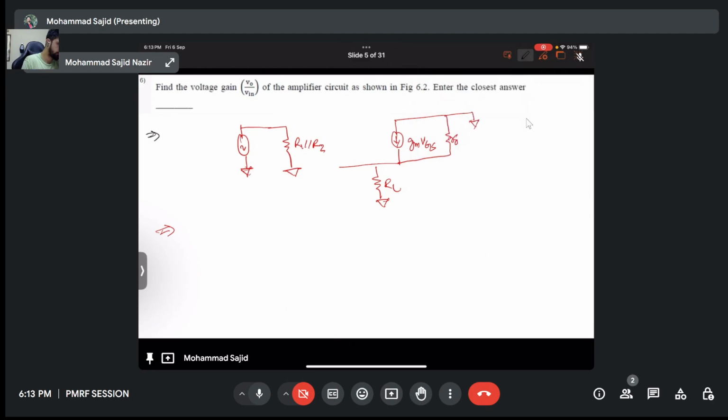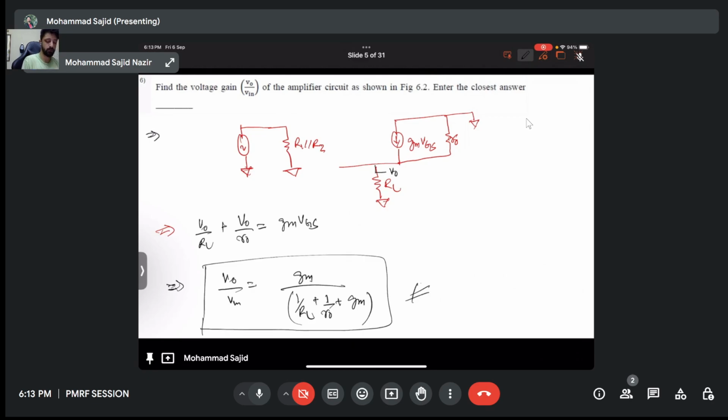So I have the output node, that is this one. Okay, so we have solved this in the previous session. Please watch the session and you will get V naught by V in as GM times the load. So this is how we calculate V naught. What we didn't do in the previous session was this part.